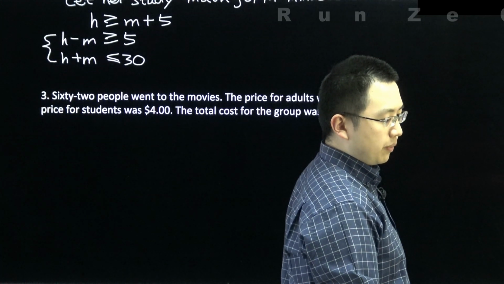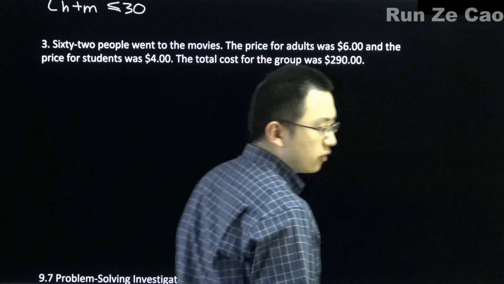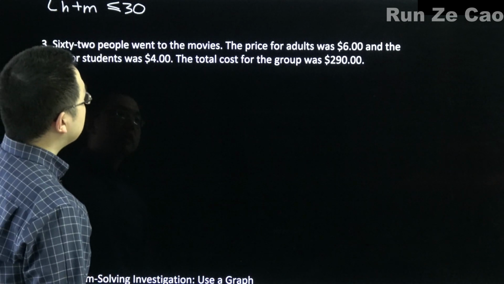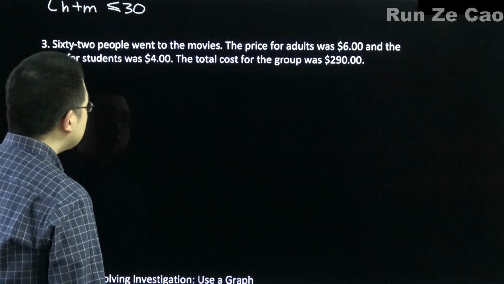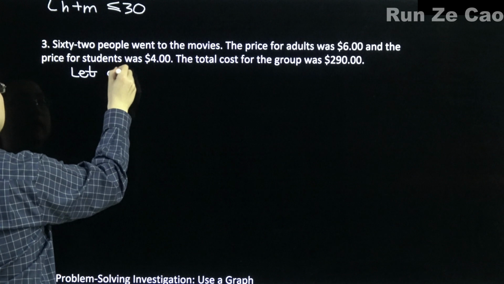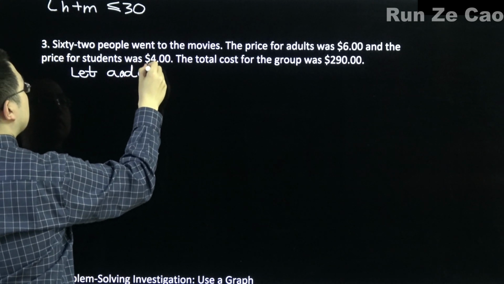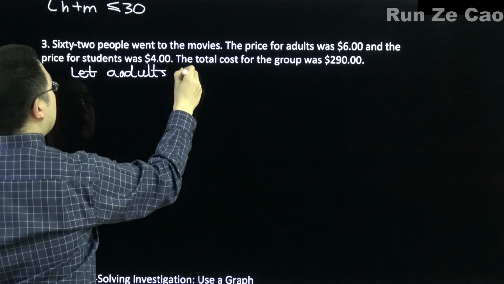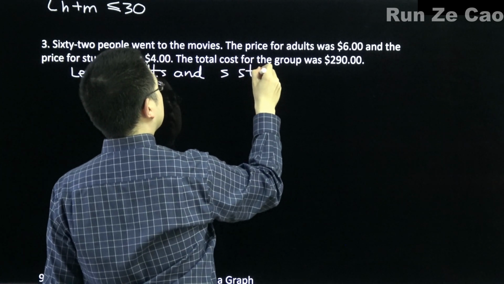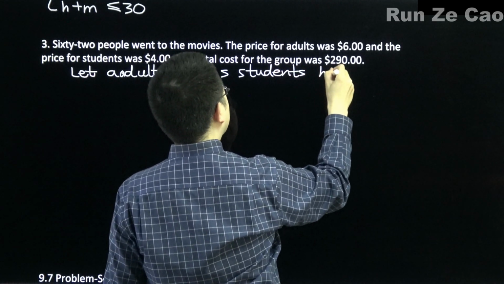Now, 62 people went to the movies. The price for adults was $6 and the price for students was $4. The total cost for the group was $290. Okay, so let A be adults and S be students who have gone.